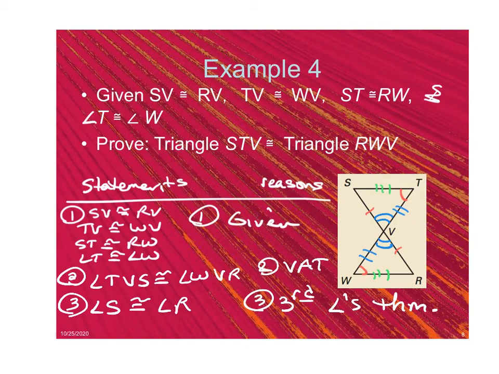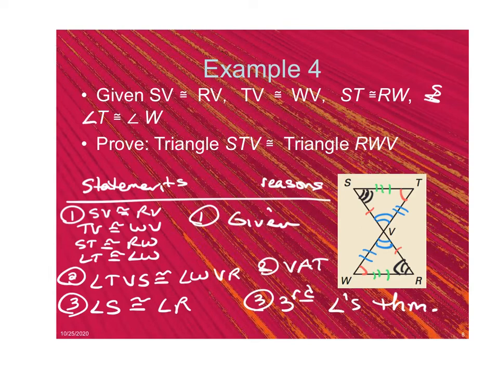And now I can finally prove that my triangles are congruent because I've got markings now on every single angle. Let me add in that one I just said. S is congruent to R. And now all 3 angles are marked and all 3 sides are marked.